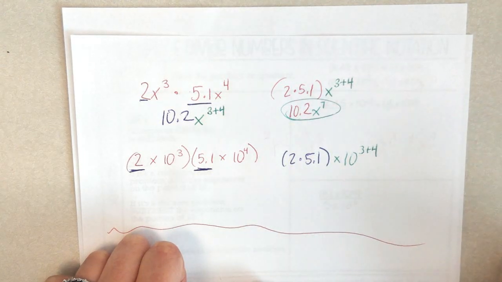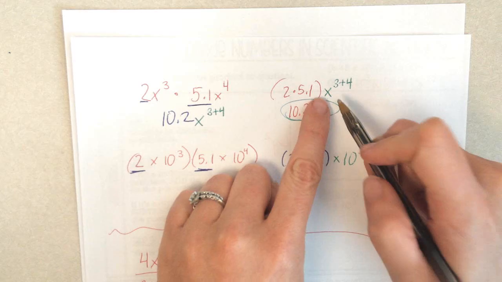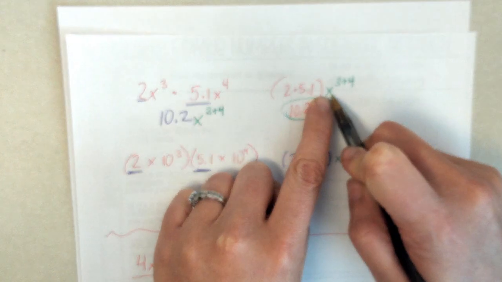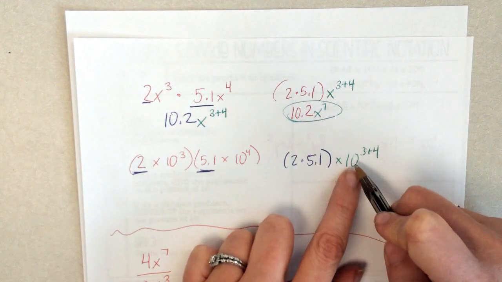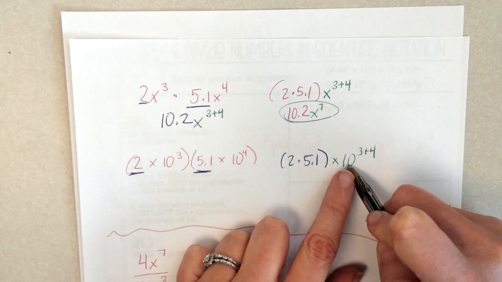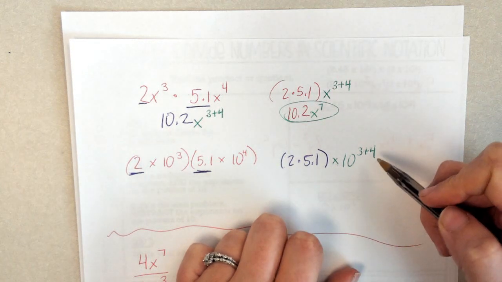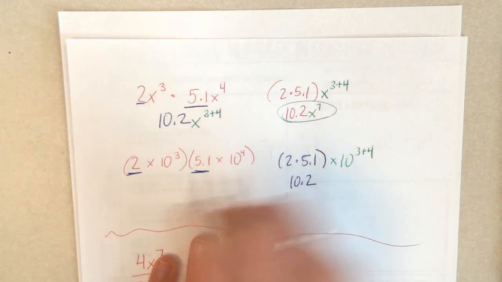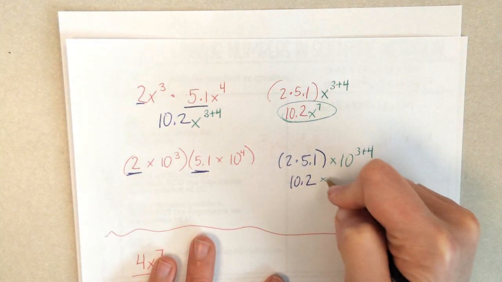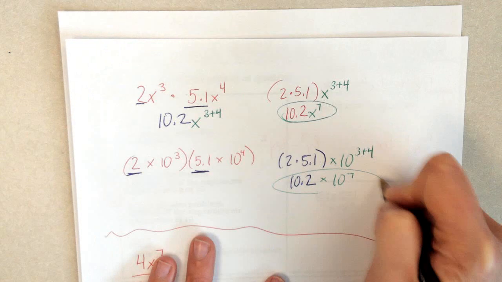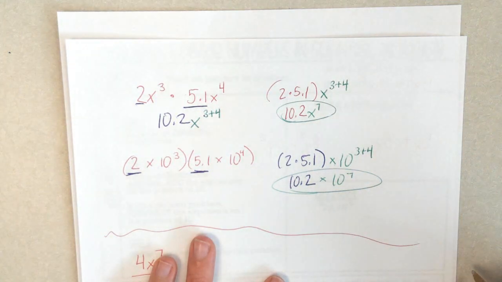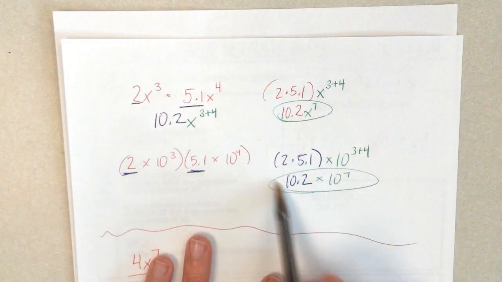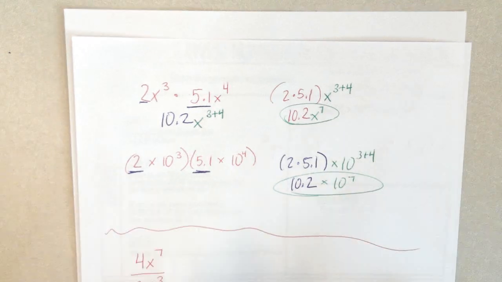So really, the only new part today is that instead of just having x as the base here, it's going to be times 10. This is not x10, it's times 10. That's how we write our scientific notation. So you would end up with 10.2 times 10 to the 7th power as your answer. So this is what we did before. This is what today's lesson is about.